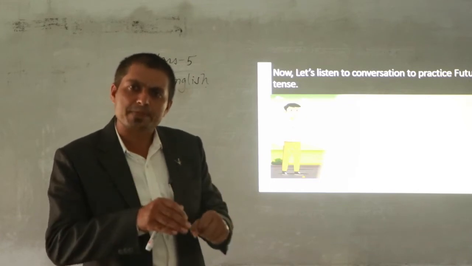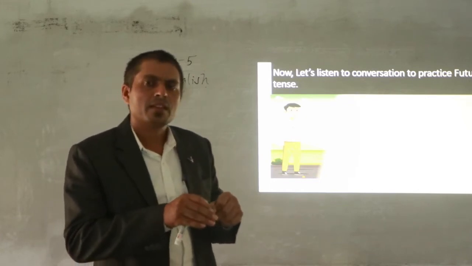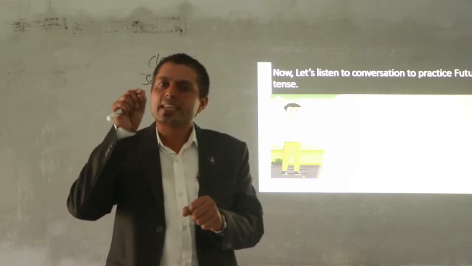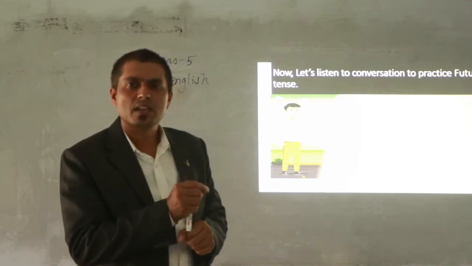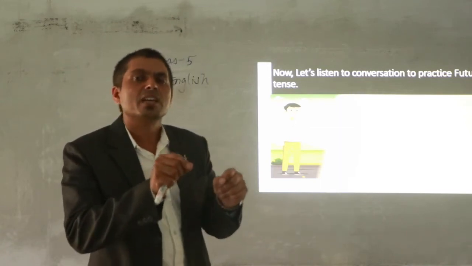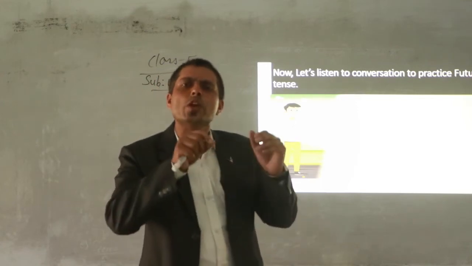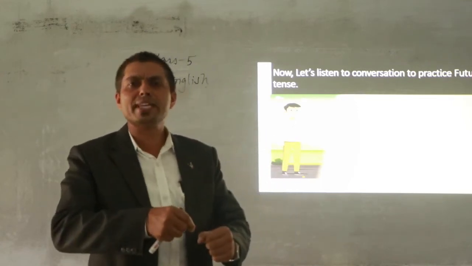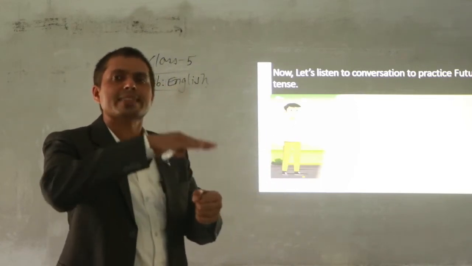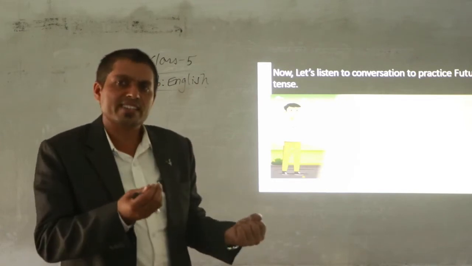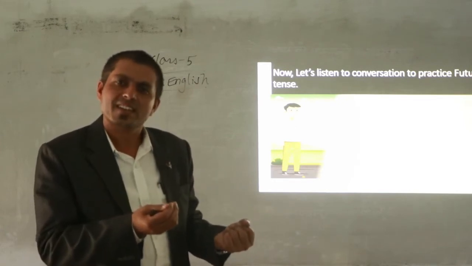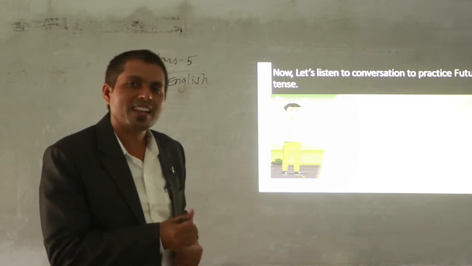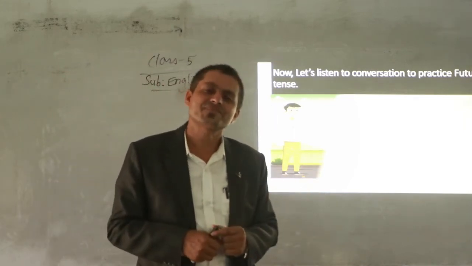A specific time must be given in the future. Up to this time, the activities will be going on, in a progressive condition. For example, you can make your own sentences.